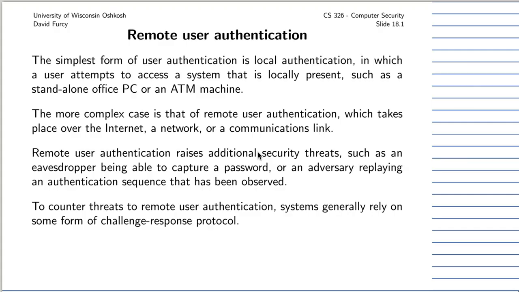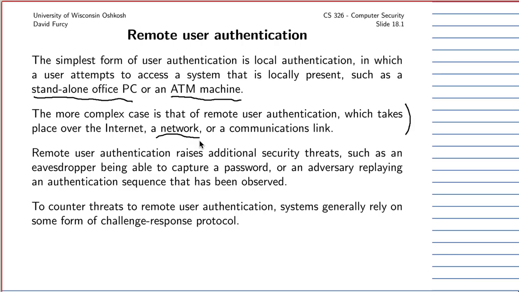So instead of having a person or user standing in front of their desktop computer at home or directly in front of the ATM machine and entering their PIN into it, we're going to consider the case where the user and the authentication service are distant from each other and they're communicating through either the internet or any kind of network communication link.